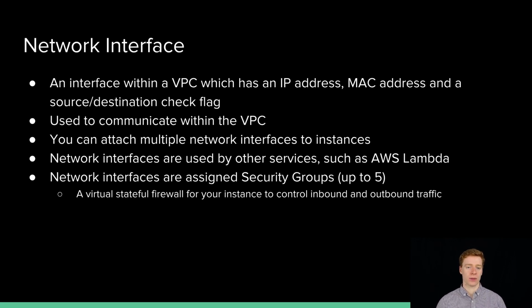Network interfaces can be used by other AWS services such as AWS Lambda or ElastiCache or other instance-based services. You can attach multiple network interfaces to EC2 instances, and you might want to use this for having multiple VPCs and then allowing an instance to talk to one VPC and talk to another VPC at the same time.